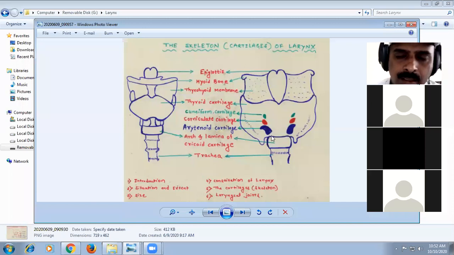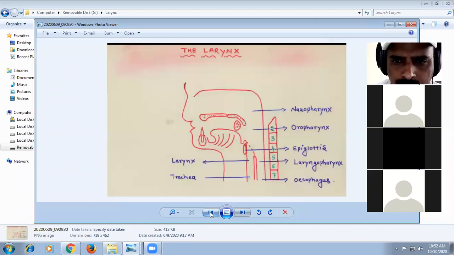Fascia, ligaments and muscles are attached to all these cartilages, and they are moved during the different production of the voice. So this is all about the first introductory part.